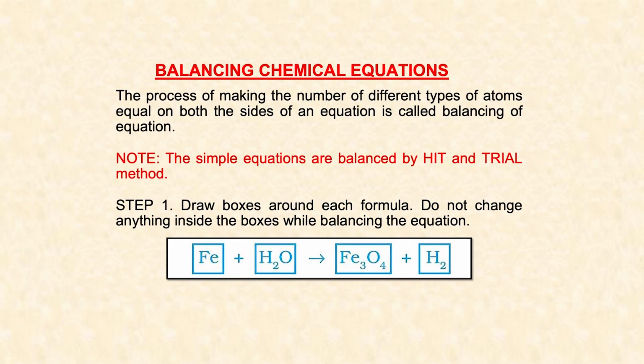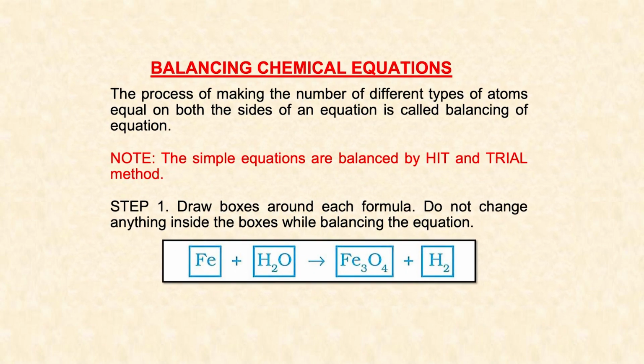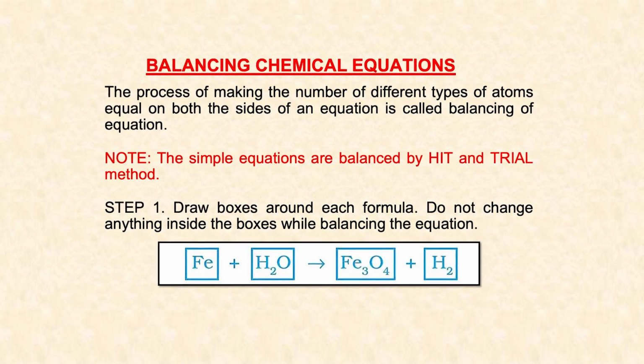Or we can also say that the total number of atoms of an element on the left hand side should be equal to the total number of atoms on the right hand side. The process of making the number of different types of atoms equal on both the sides of an equation is called balancing of an equation.